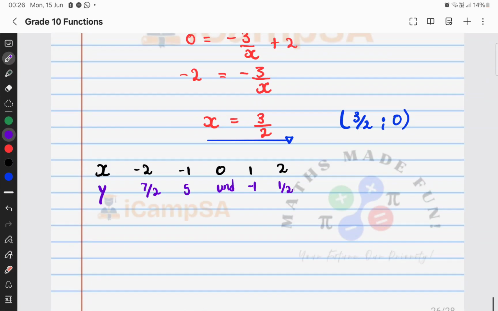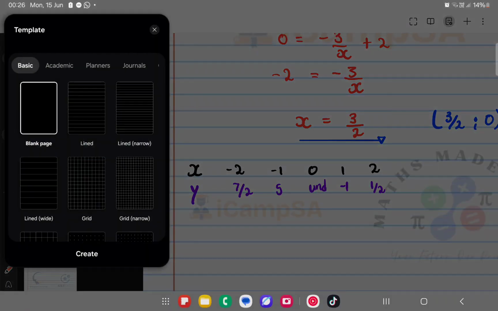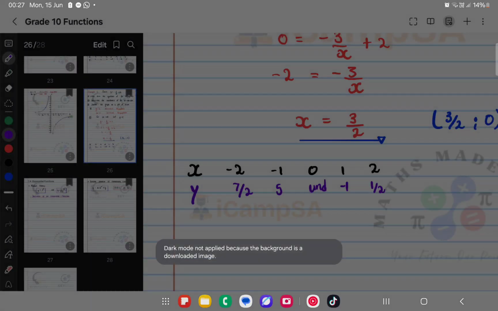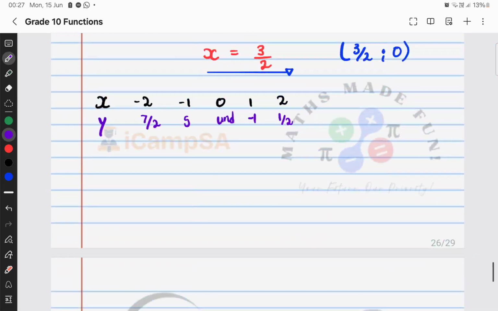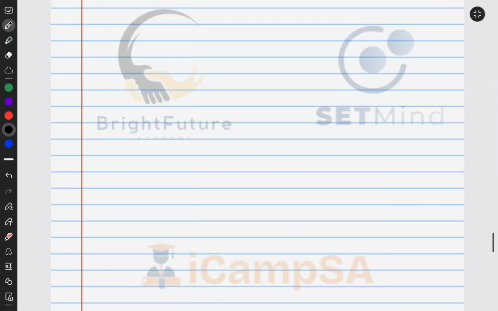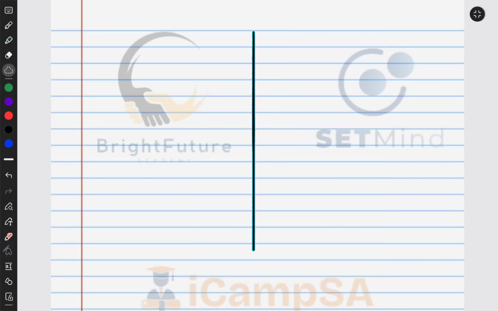Let me add a page so we can sketch this function. Add a page, custom, create. Okay, now let's quickly sketch our function.